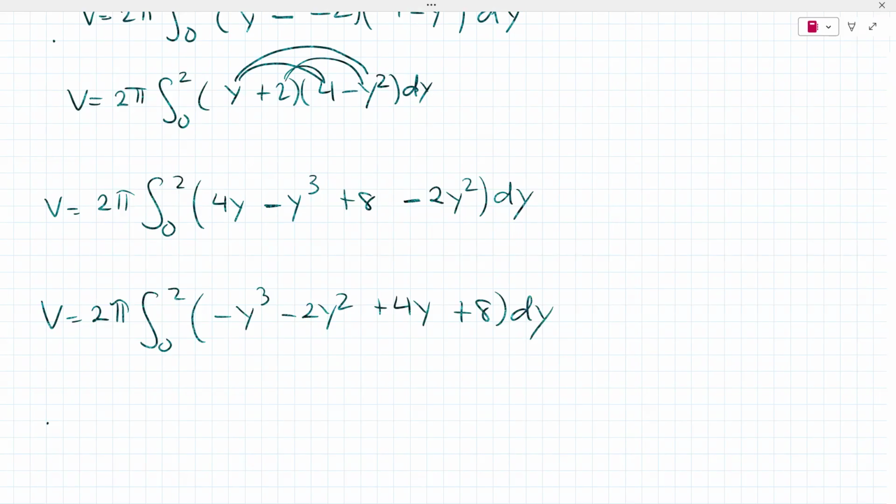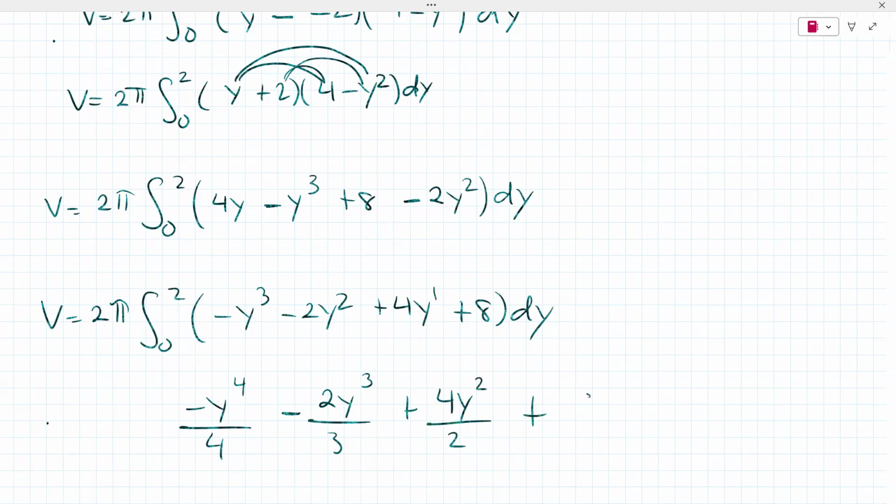So what's the integral of negative y cubed? It is negative y to the power of 3 plus 1, so 4, over 4. What's the integral of negative 2y squared? That is negative 2y to the power of 2 plus 1, so 3, over 3. The integral of 4y is y to the power of 1 plus 1, so 2, over 2.